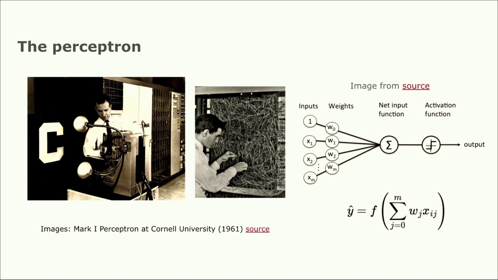Then we evaluate how good the result is and use this information to update the weights so that the next predictions with similar data points are better. These ideas are still used today and form the basis of modern neural networks.